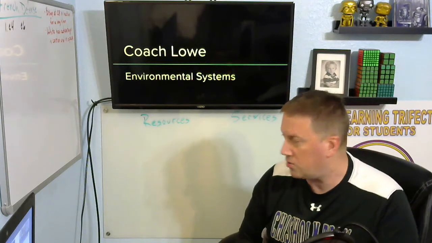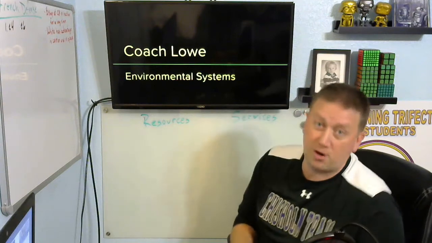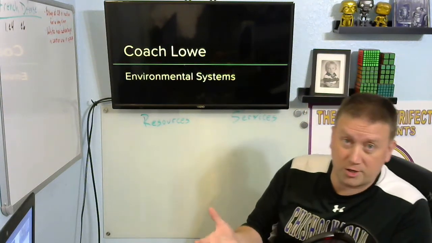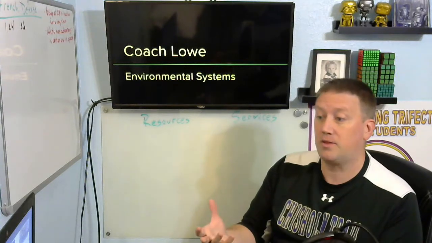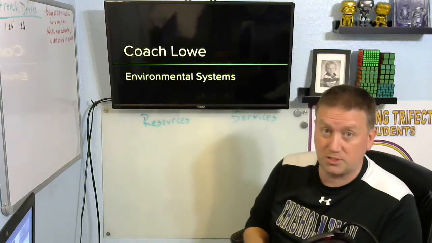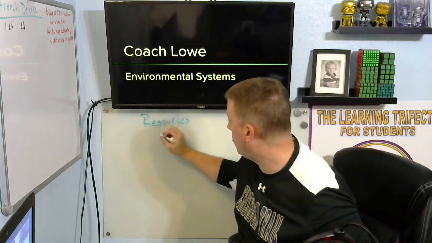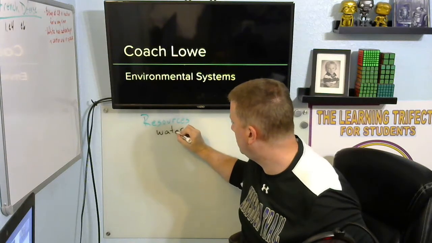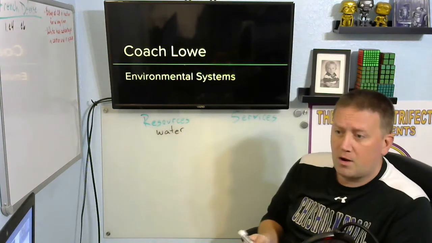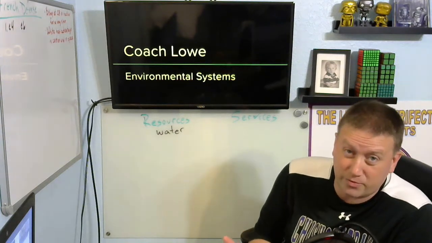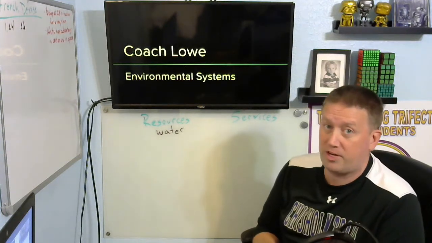So natural resources are physical things. So water, the air that we breathe, those are natural resources. We're gonna put water down as our example. Water is a natural resource, and it's a natural resource that we use quite a bit of.